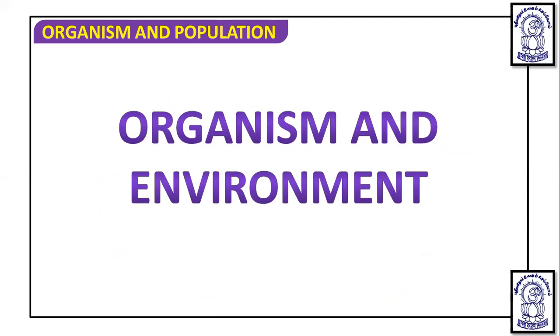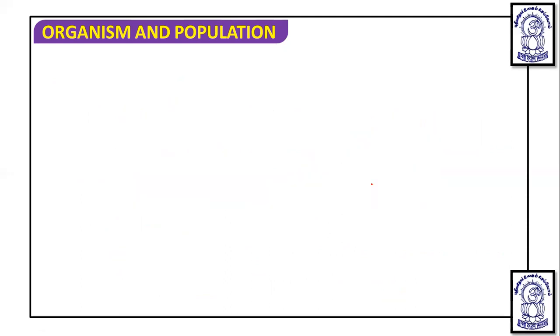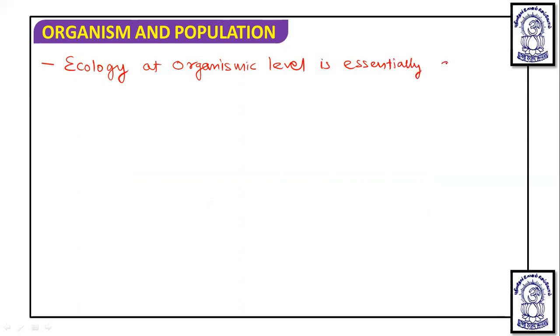So when we talk about the interaction of organism and environment, we know that ecology at the organismic level is essentially a physiological aspect.